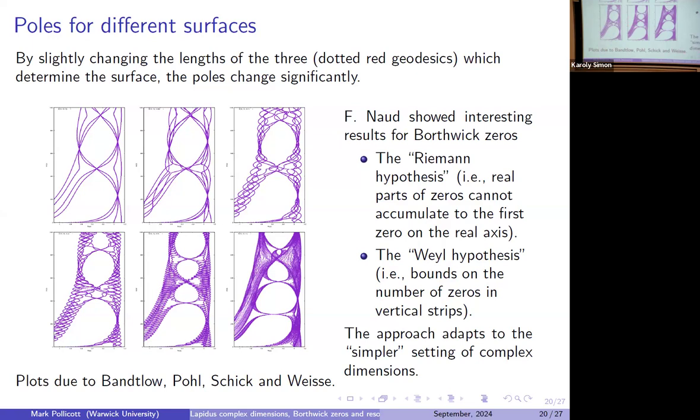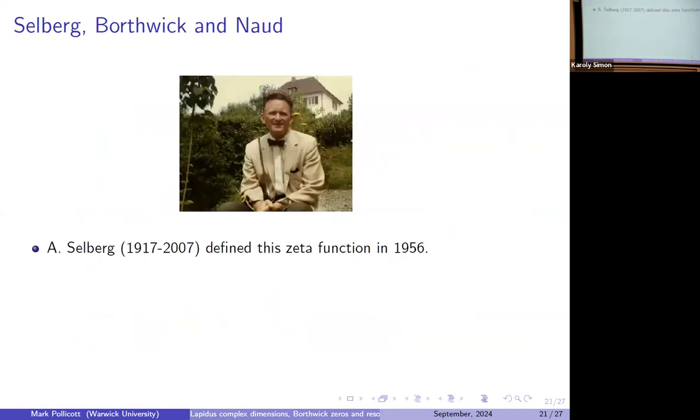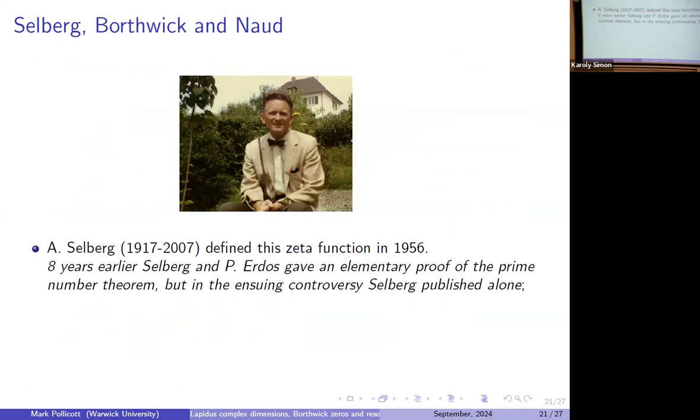You can argue time. Okay. And so here's a picture of Selberg. And as I said, the zeta function was defined in 1956. A bit earlier than that, in fact, in 1948, there was some controversy involving Selberg and a local guy over the proof of the prime number theorem, which was originally proved using zeta functions in 1896 by Hadamard.